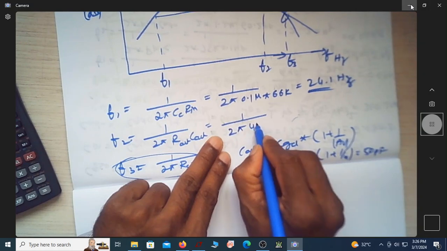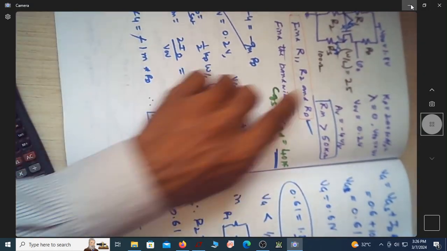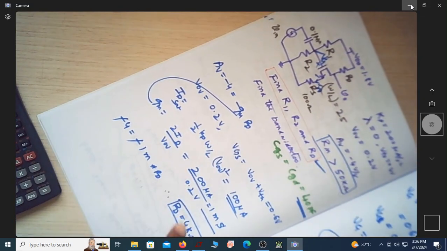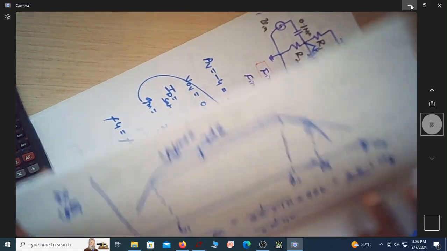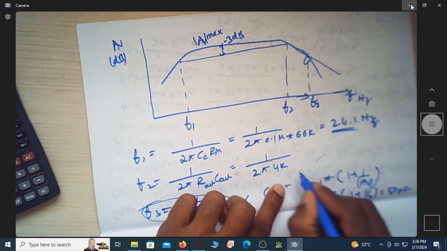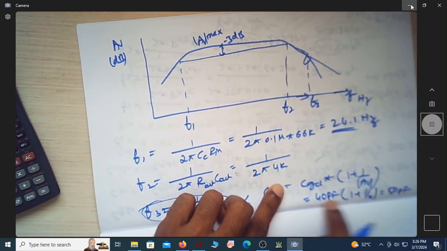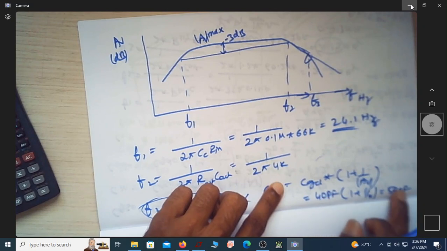It is 2 pi, 4K, because R out is RD. This RD is found out to be 4K now. And this is 4K and this is 50 picofarad, because 1.25 times 40 pico is 50 pico.